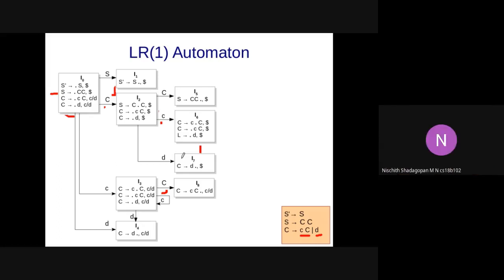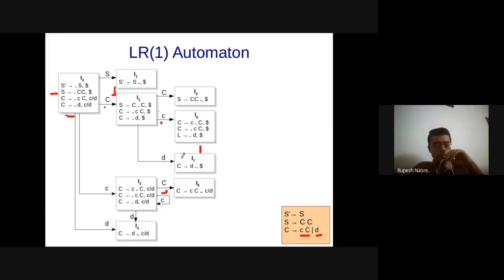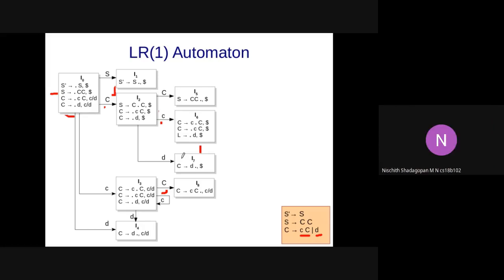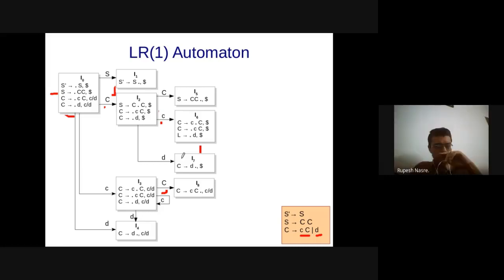Whether follow of S should contain follow of R, no, it need not. From this production, we don't get that. I see.